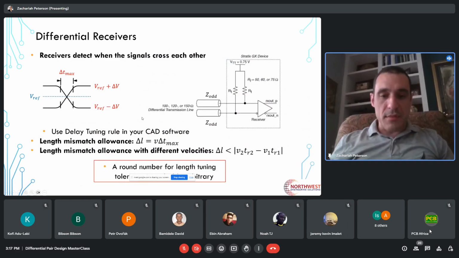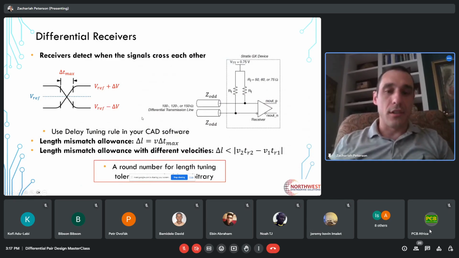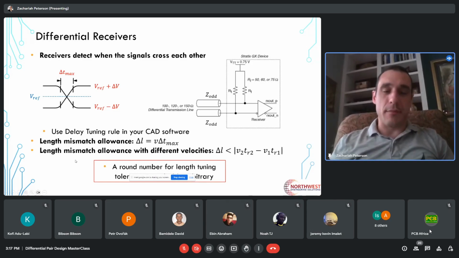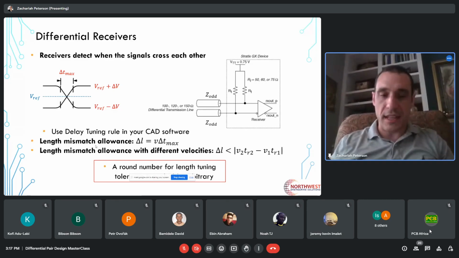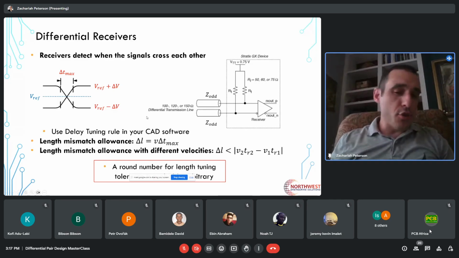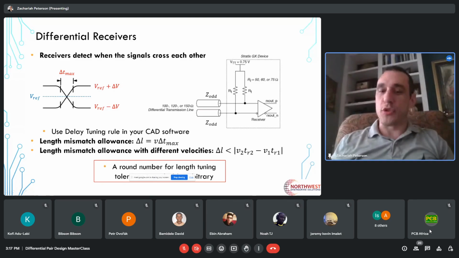So sometimes what you will see in a data sheet is you won't see this delta T max at all. You'll actually see a delta L value. So there will be a skew allowance specification, but it will sometimes be in length. And typically it will be something where it says like 100 mils or 150 mils or something like that. Usually that number is totally arbitrary.